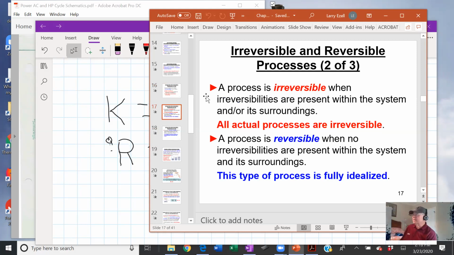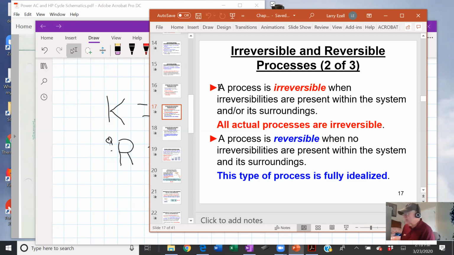Now, this doesn't take a genius to state the next sentence or bullet point. A process is irreversible when irreversibilities are present within the system and/or its surroundings. Yes, that's true, but it's not exactly a profound statement.